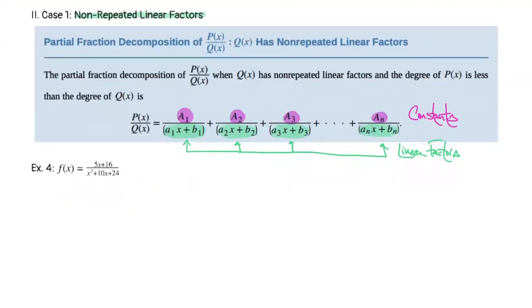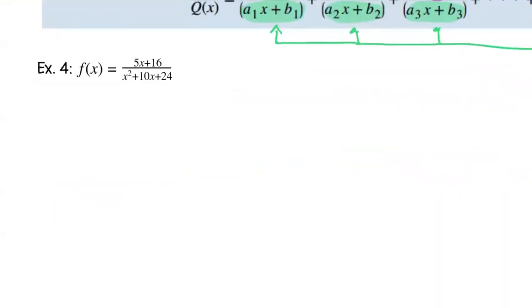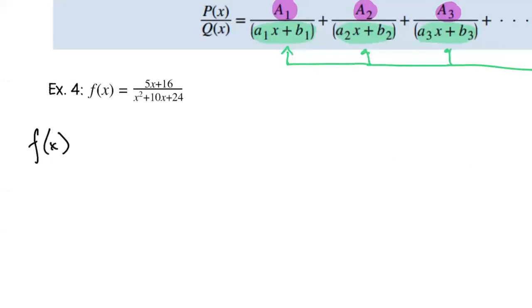That's a lot of words. This is a lot of letters. Let's see what it actually looks like. So example 4 would be one where we want to factor that denominator and see what we get. Let's start off by rewriting this line, 5x plus 16.